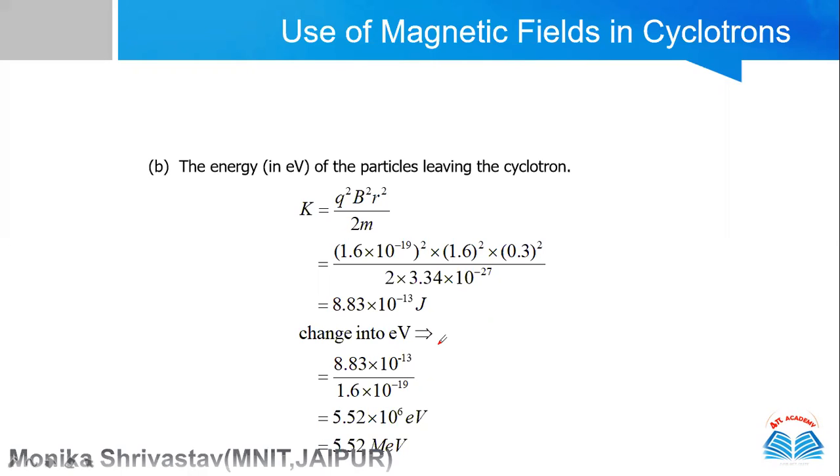The energy we will get will be in joules. And if we wish to calculate that energy in electron volts, then you know this thing: we have to divide it by 1.6 times 10 to the power minus 19, the value of the charge of one electron, that is 1.6 times 10 to the power minus 19 coulomb.